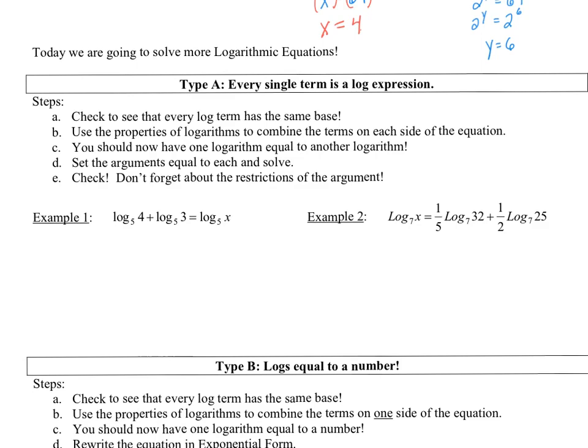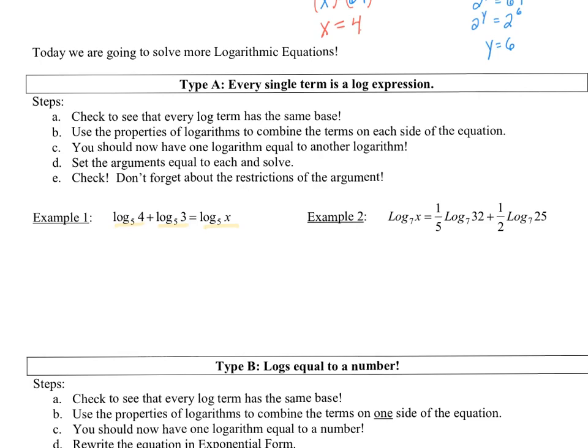The first type of log equation that we're going to be working with is when every single term has a log. If you look at example 1, we have log base 5 of 4 plus log base 5 of 3 is equal to log base 5 of x. If you notice, every single term of this equation has a log.